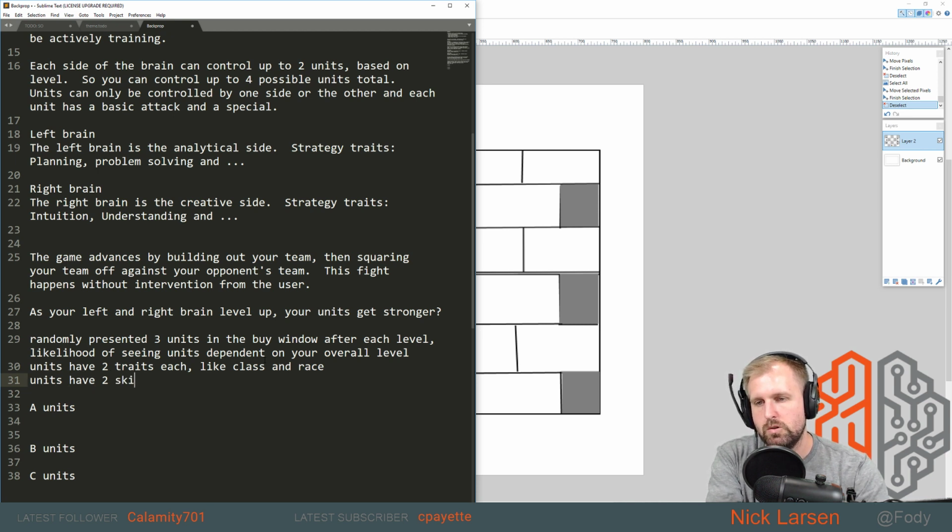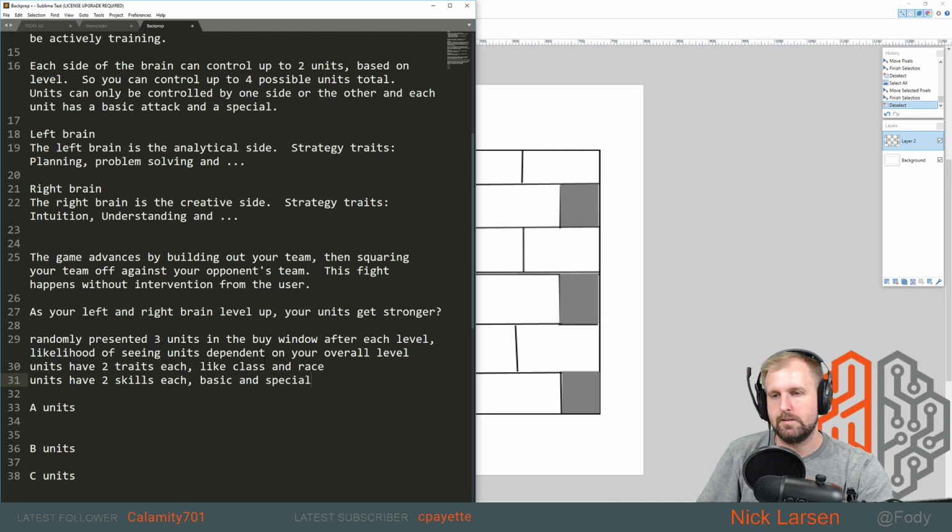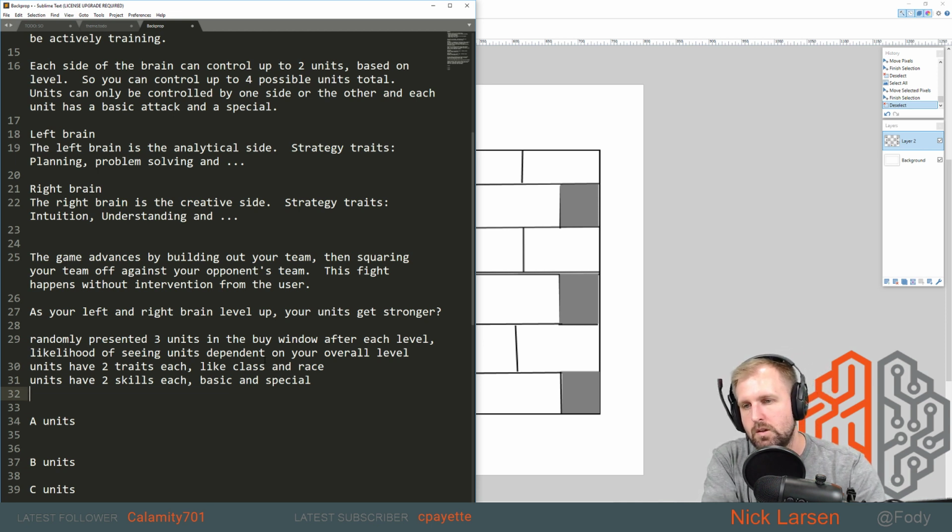Units have 2 skills each, basic and special. Getting 2 of the same unit levels it up. Units can only be controlled by left or right brain.